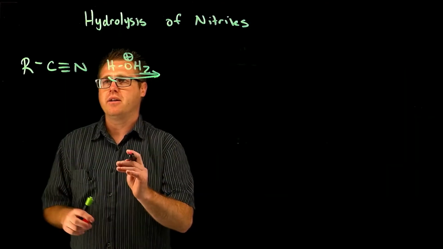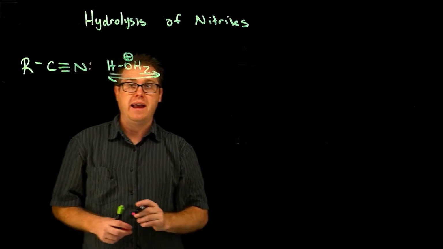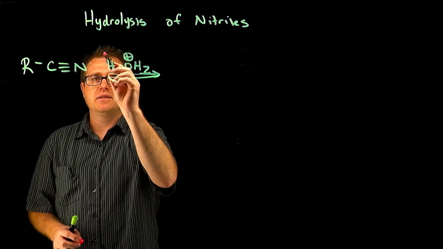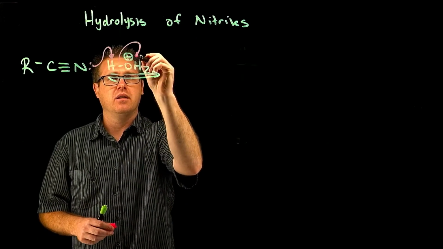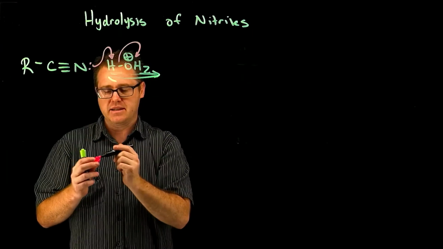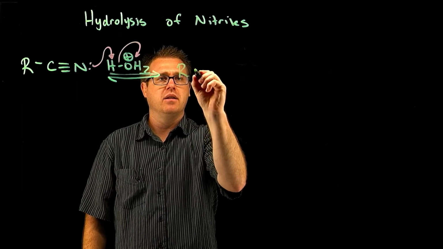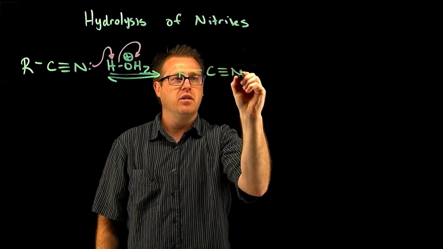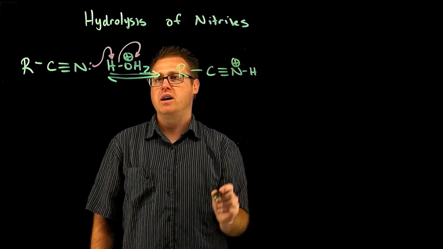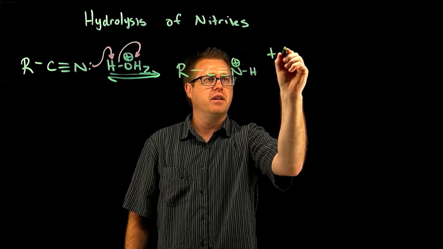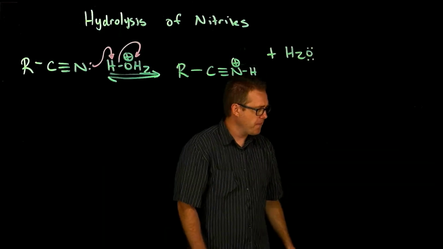So our goal here is to convert this nitrile into an amide. That's the first step. So under acidic conditions, we have an acid, we have a base. So that's going to protonate the nitrogen on the nitrile. So that's going to be a positive charge, and then we generated our water. Okay?